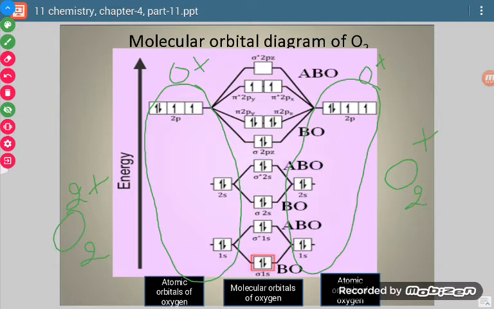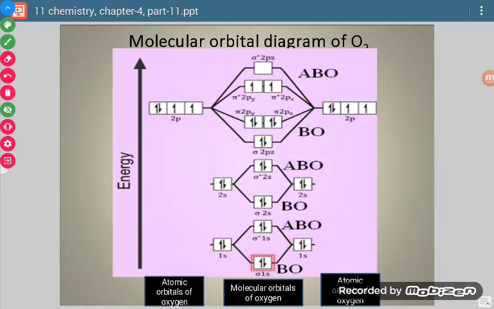Now when you are decreasing or increasing electrons, the total number of electrons will also decrease or increase. So if you have to write for O positive, then total electrons will now be 7. So 2, 4, 5, 6, 7. Here there will be only 3 electrons. Similarly, suppose we are asked to draw the molecular orbital diagram for O2 negative, then you take O at one place and O negative at another place, so that total becomes O2 1 negative.